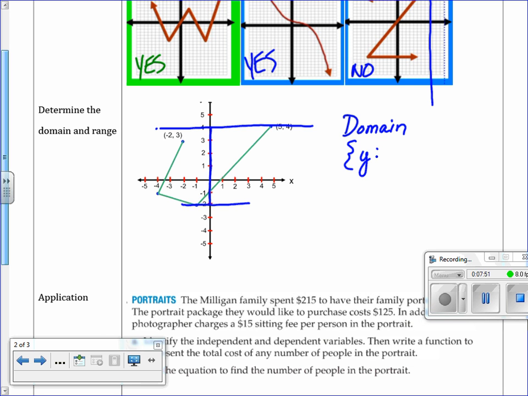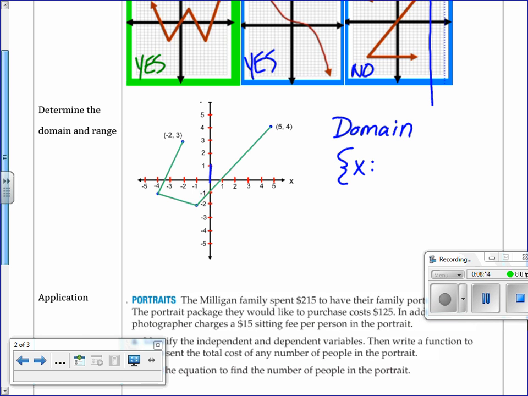range. So my domain, excuse me, my domain is not y. Let me get myself straight here. I apologize for that confusion. My domain are my x values. So my domain is braces x such that.